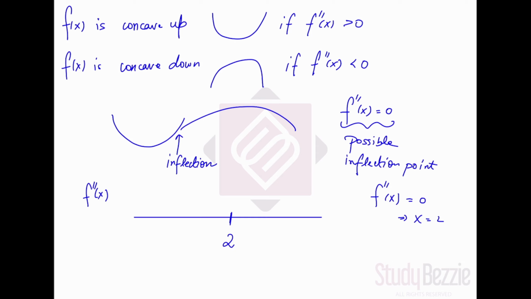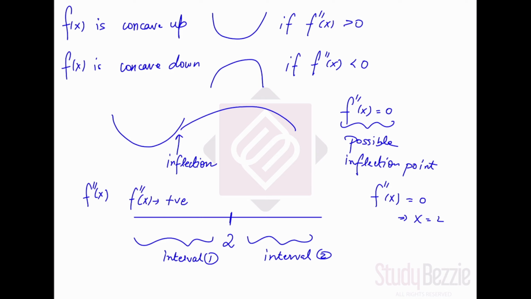So if you put down that 2 there, now this becomes your interval 1, and this becomes your interval 2 for the concavity analysis. Okay, this is not for the increasing decreasing behavior, so this is a different interval. In interval 1, if the function was concaving up, that means the second derivative was positive, and then right after that in the second interval, if it started to be negative, then you know this is a valid inflection point.